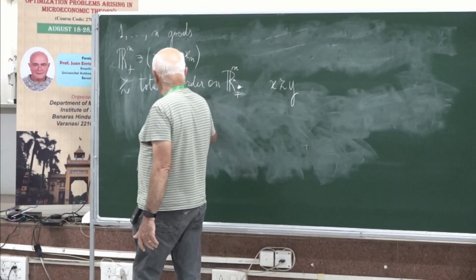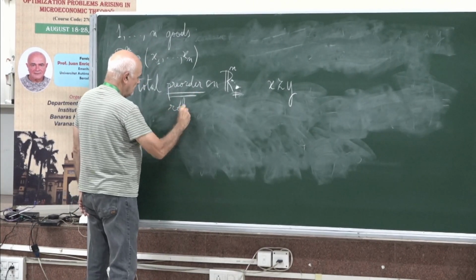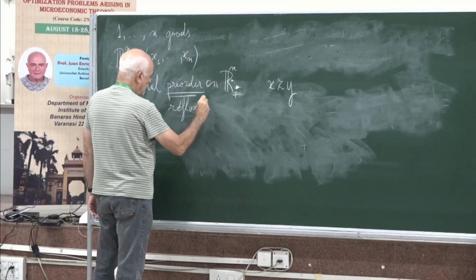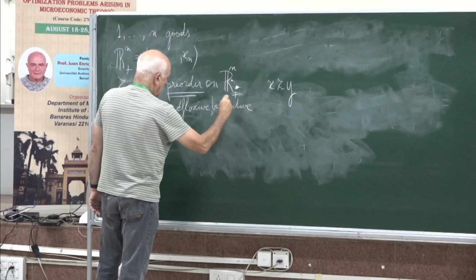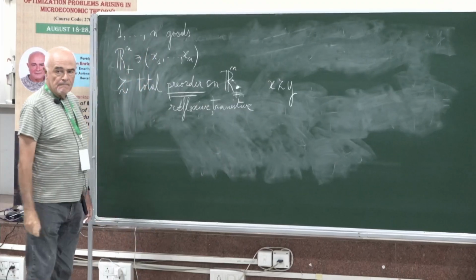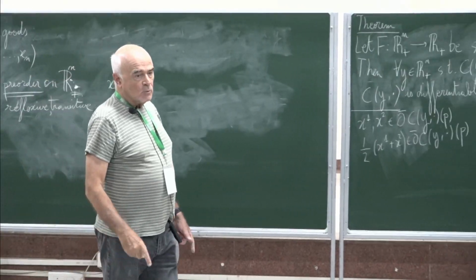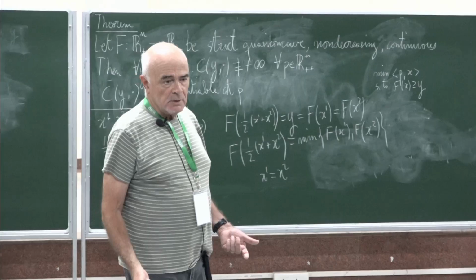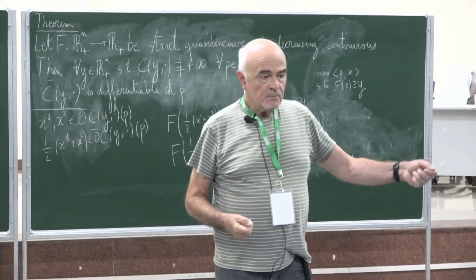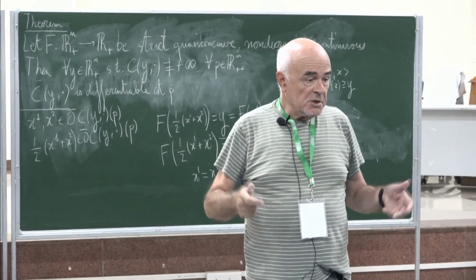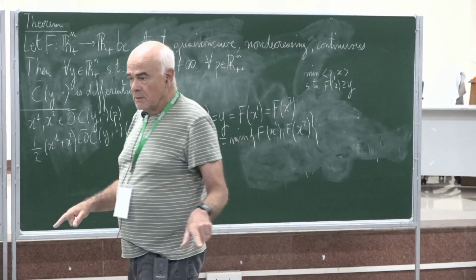By preorder, I mean reflexive and transitive, but not antisymmetric. With antisymmetry, it would be an order. So we allow for indifferences. I ask you to choose between this and that, and you say, give me whatever you want, because for me they are the same, although they are different.